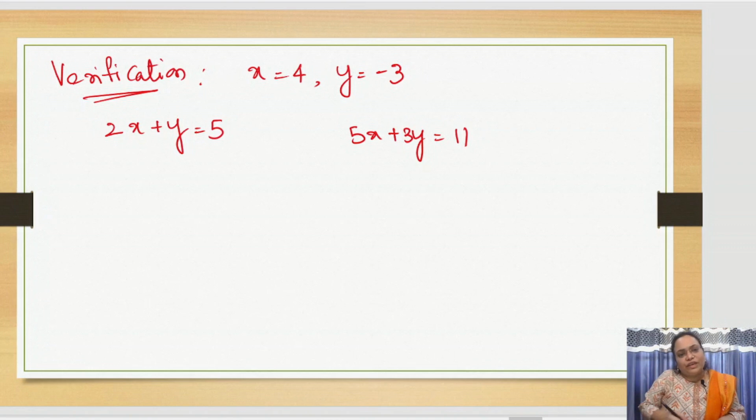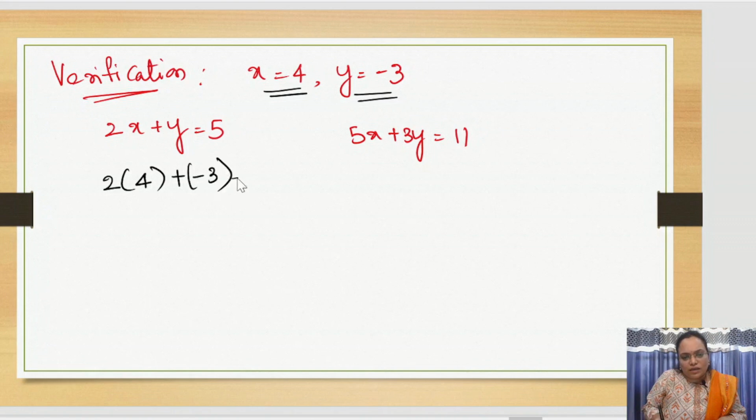So how do we do the verification? We will substitute the x and y values in these two equations and see if it is satisfying both the equations on both the sides. So let us substitute 2 of 4 plus y is minus 3 is equal to 5, which is 8 minus 3 is equal to 5, which is 5 is equal to 5.